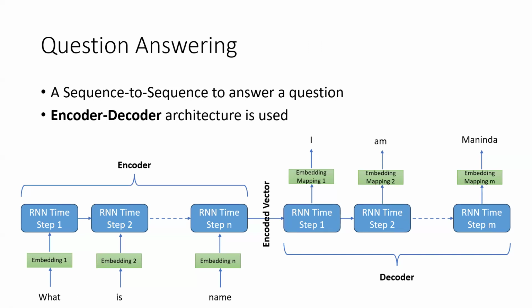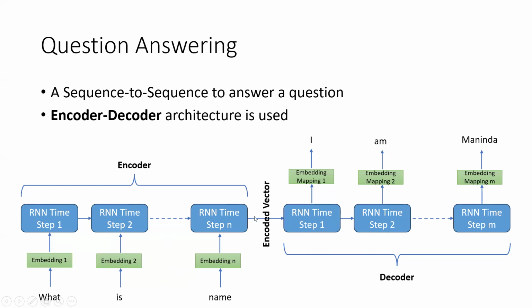When it comes to question answering, the same technique is used. You have a set of words relevant to the question, and they are converted into a vectorized format using the word embeddings.